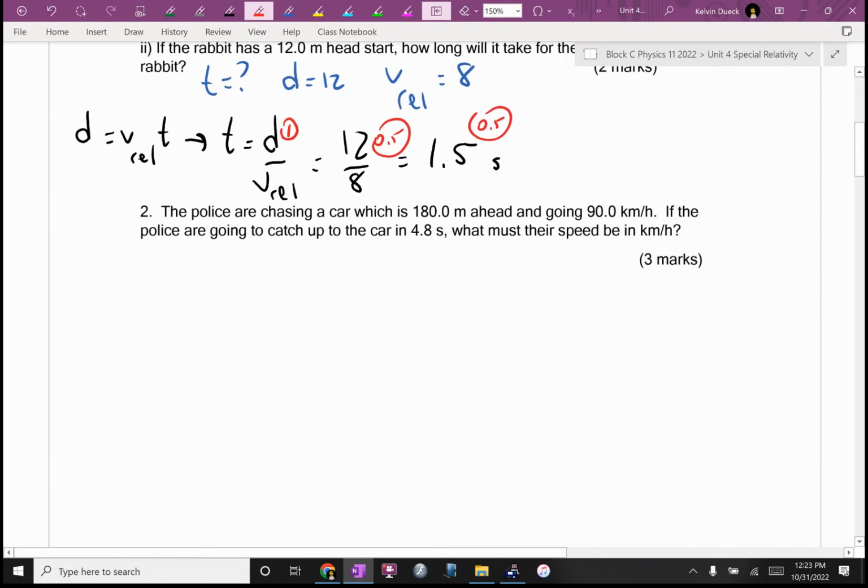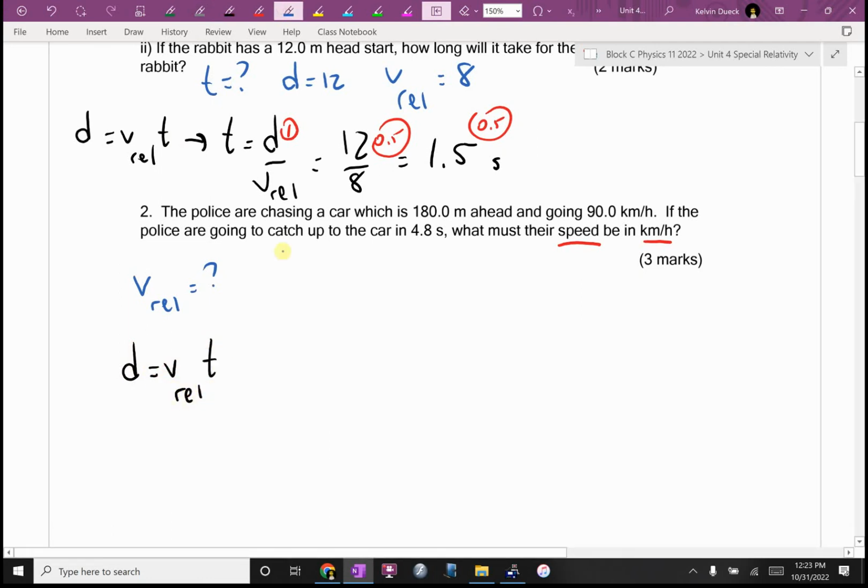Number 2, a little trickier, but here's what I noticed. They want me to find the speed. Now, it does say in kilometers per hour. I'm going to do everything in meters per second, and then I'll convert it with a 3.6 at the end. So I thought to myself, I think they're asking me to find VREL. And again, remember, I'm using D equals relative speed times time.